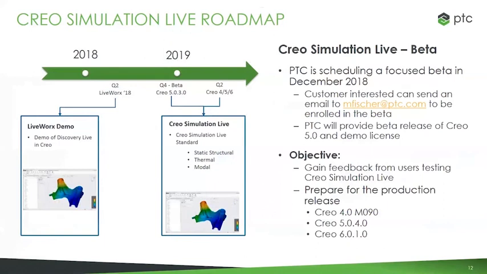But the whole goal here is to gain some feedback from user testing of Creo Simulation Live and to prepare for the production release of it. And it's going to come out with Creo 4, Creo 5, and Creo 6 at different months that it's going to release. So beta in Q4, and then Q2 for the 4, 5, and 6 that are coming out in separate months.